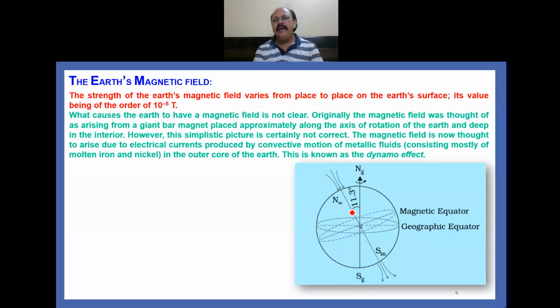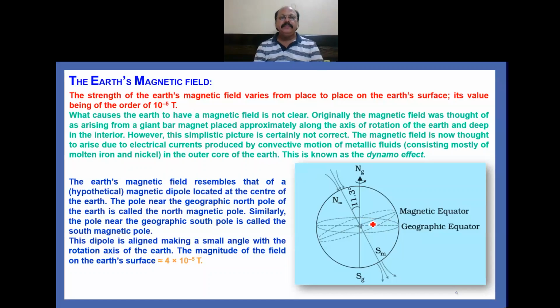So there is an angle between magnetic north and south and geographical north and south, that is 11.3 degrees. And these two circles represent the magnetic equator and geographic equator. So always there is an angle between them, and you can understand it like that.